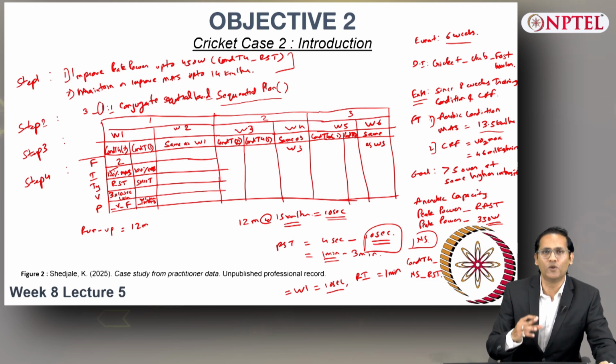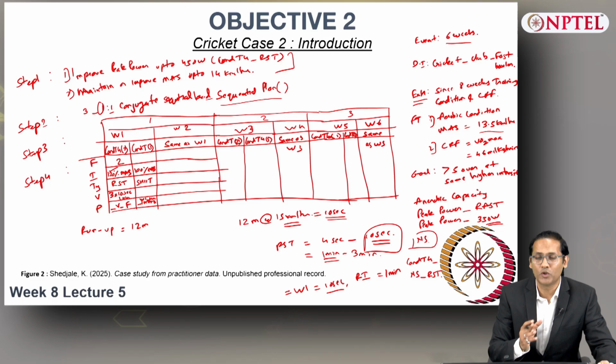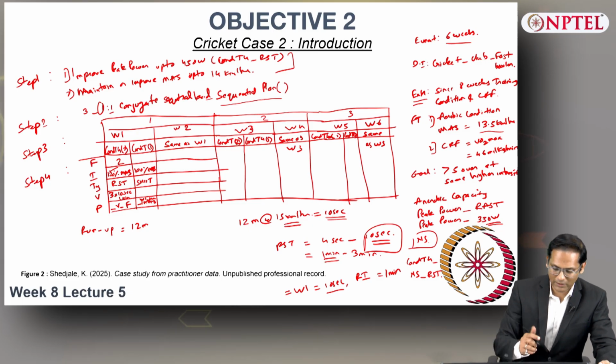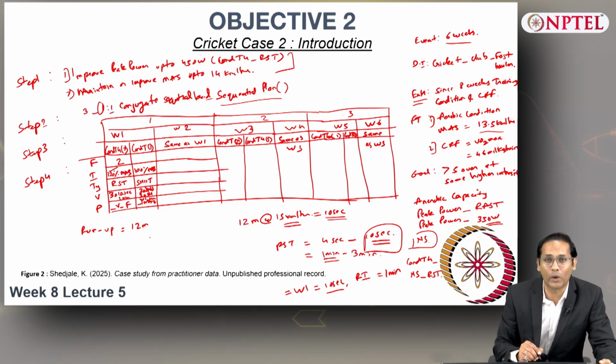In order to fulfill this requirement, the initial work interval was up to 20 seconds. Now this is increased from 20 seconds to 30 seconds of work interval and 30 seconds of rest interval, and the distance that is chosen is 12 meters.